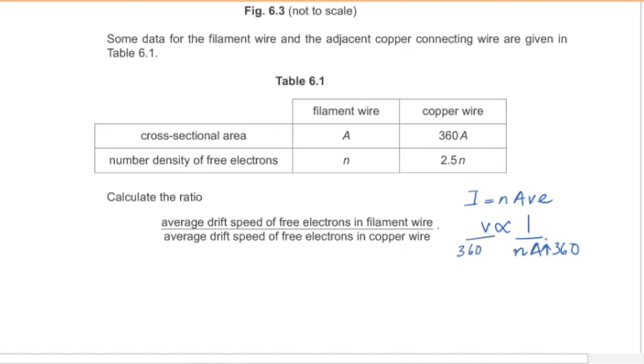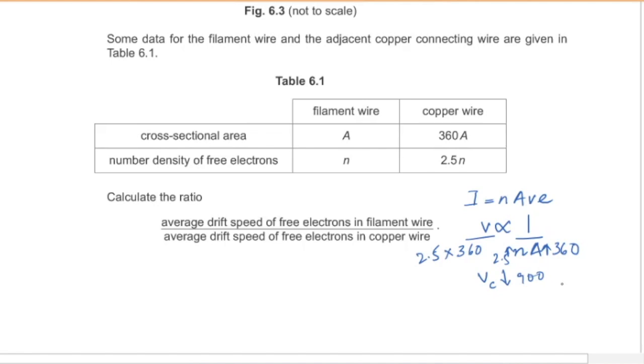And when the number density of free electrons of copper wire increases by 2.5 times, the average drift speed will again decrease by 2.5. So in total, the average drift speed of free electrons of copper wire will decrease by 900 times because 2.5 into 360.